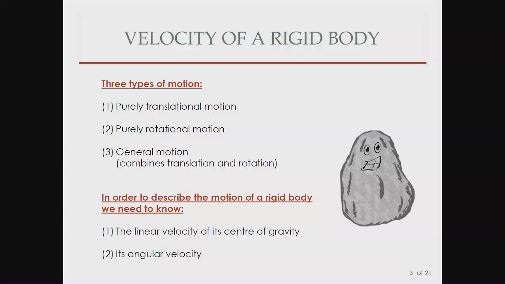It can have purely rotational motion. I will not define it right now. I will define it very accurately later in the semester. And it can have what's called the general motion, where it's neither of the first two. So a combination of rotation and translation in some way.